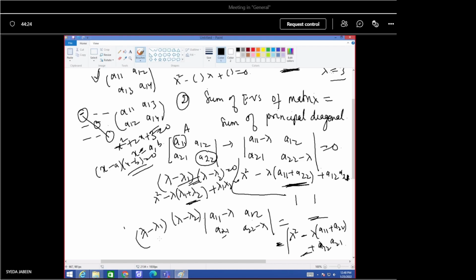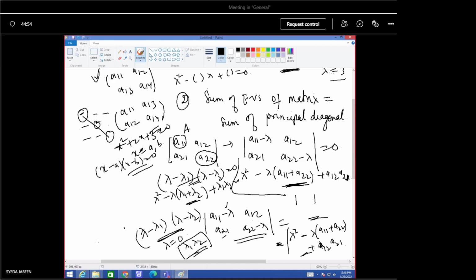Now if we give lambda the value 0, then that becomes the original determinant, which will be equal to lambda 1 lambda 2. That means lambda 1 and lambda 2 are the eigenvalues. The product of the eigenvalues will be equal to the determinant of the matrix.